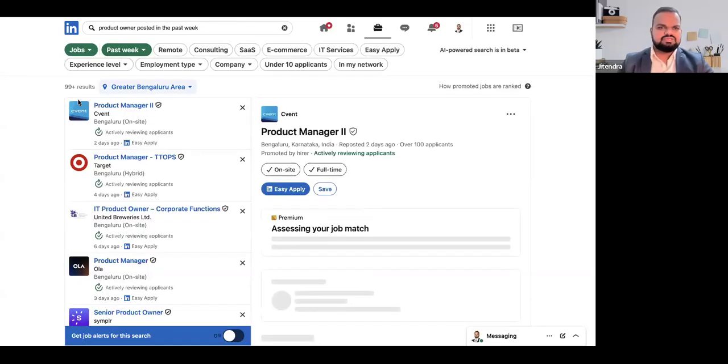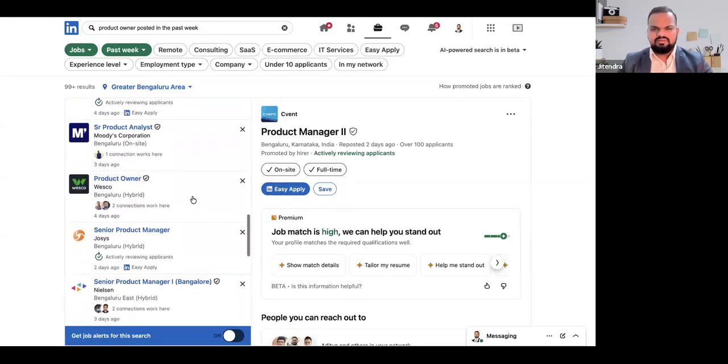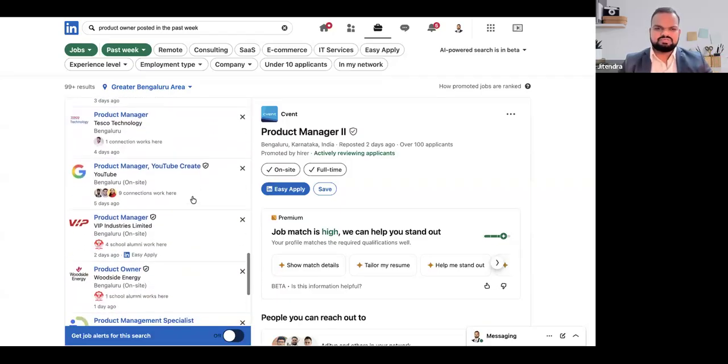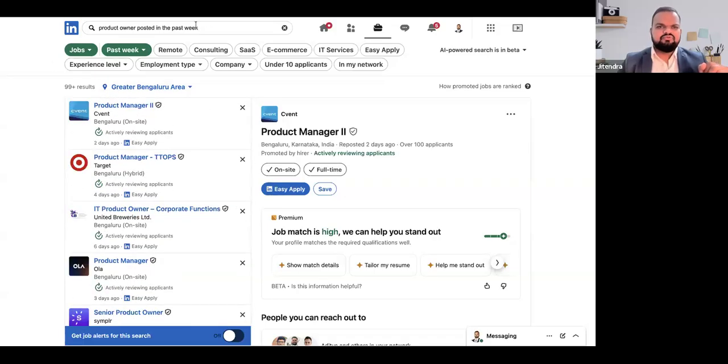Here it's showing the same thing, 99 plus jobs. Whenever you search product owner, product manager, or any job role which requires this kind of skill set, it shows you these. This is for a specific location. If I keep searching for Delhi, Pune, Hyderabad, or any other location, you will see a lot more opportunities.